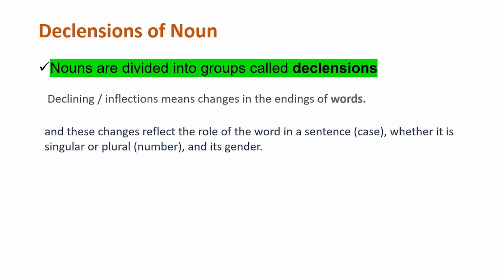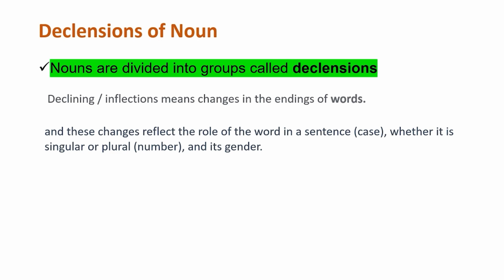Now what do you mean by declining or inflection? As I said earlier, Latin is an inflected language. What does it mean? Declining or inflection means changing the ending of the words. For this you need to understand the concept of stem that I will go through in a couple of minutes. But remember, inflection or declining is changing the ending of the words. So just keep this in mind.